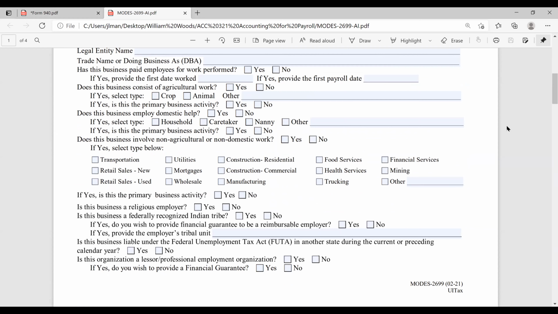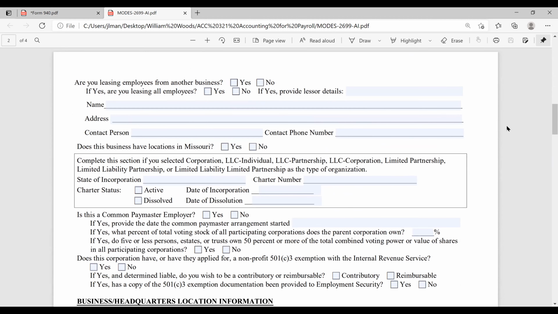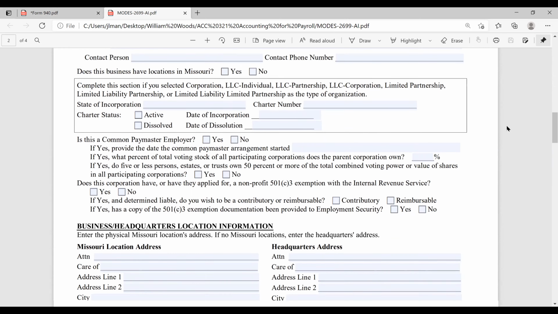Is it federally recognized as an Indian tribe? Is this business liable under the Federal Unemployment Tax Act in another state during the current or preceding calendar year? Several questions here. Is this a common paymaster employer? Does this corporation have or have they applied for nonprofit 501(c)(3) exemption with the Internal Revenue Service, right?